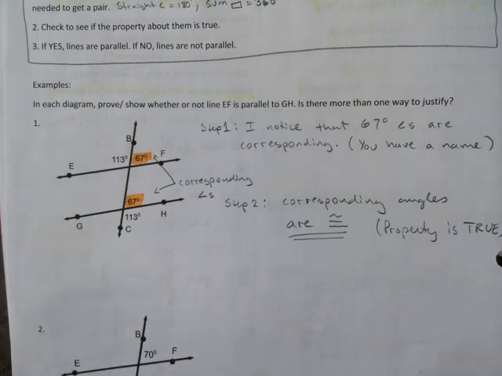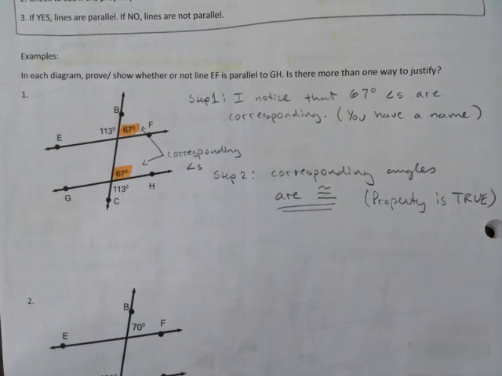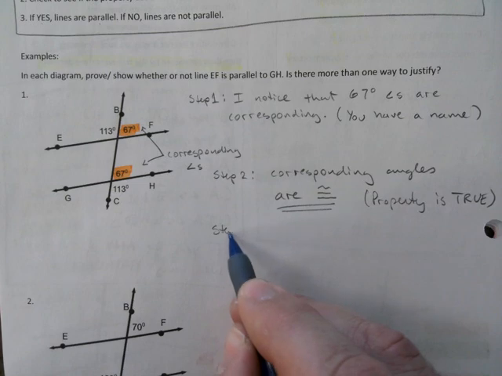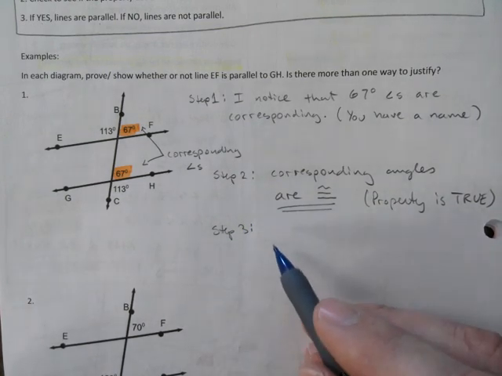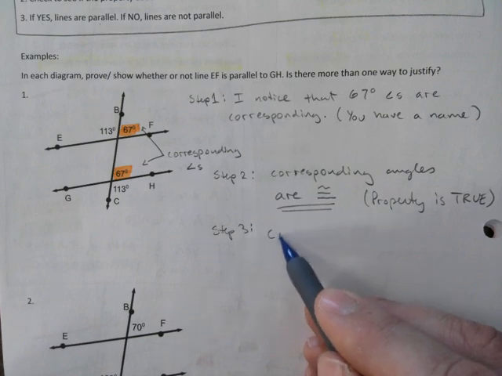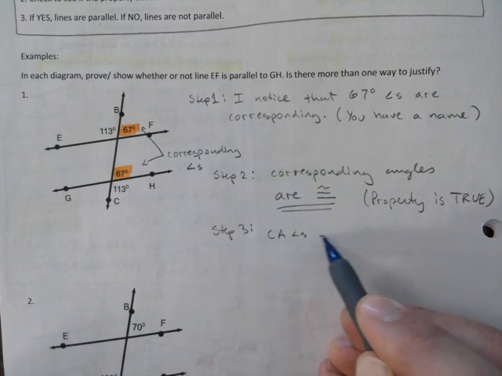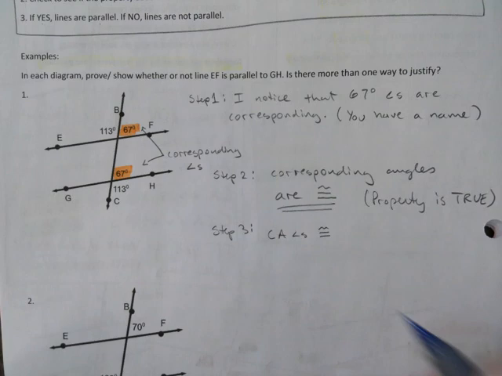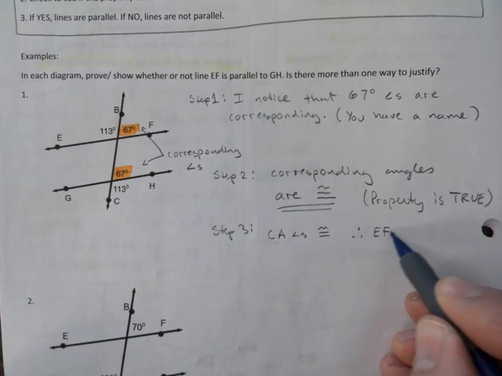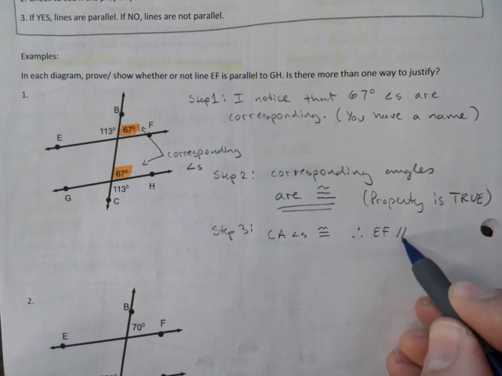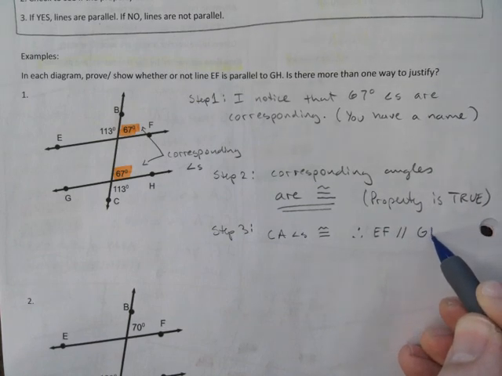It's supposed to be congruent, but it's not. Step three, you make a conclusion. Corresponding angles are in fact congruent. Therefore, EF is parallel to GH.